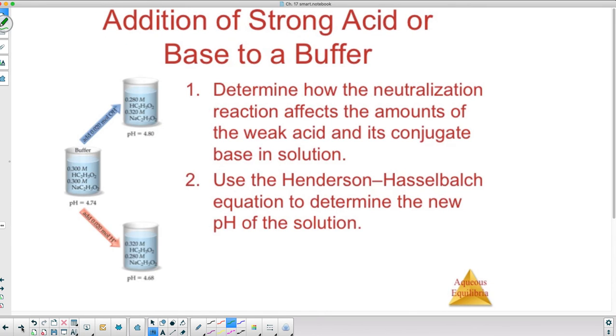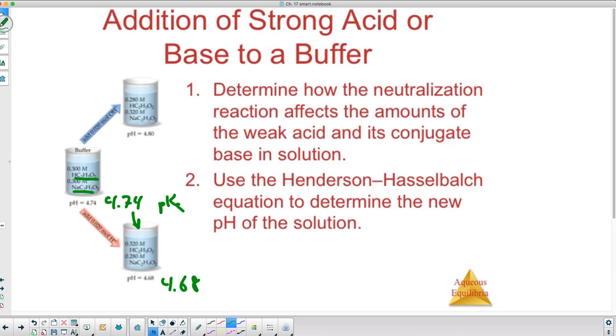Additions of a strong acid or strong base to a buffer. Here's another example, this one with acetic acid and sodium acetate. Notice that when I add a little bit of concentrated acid, the pH goes from 4.74, which is also the pKa for this one, down to 4.68.